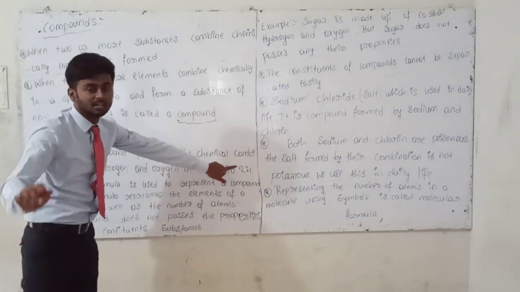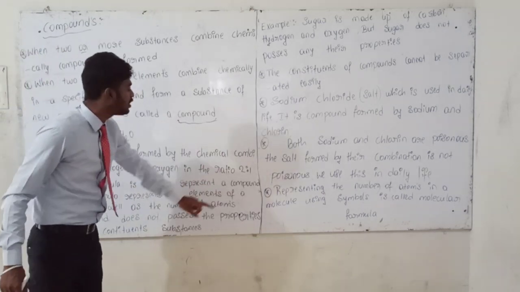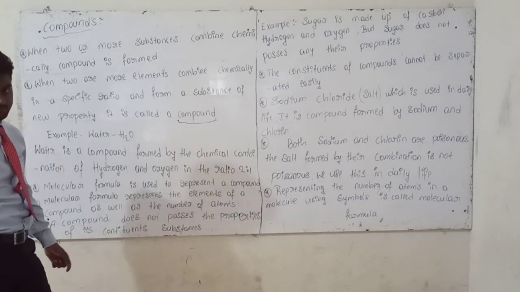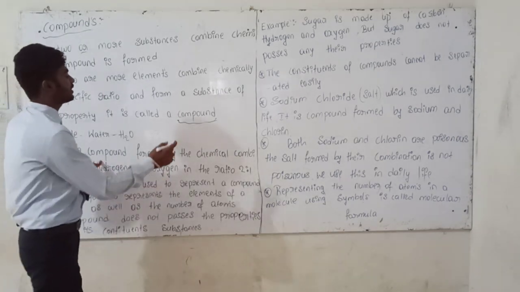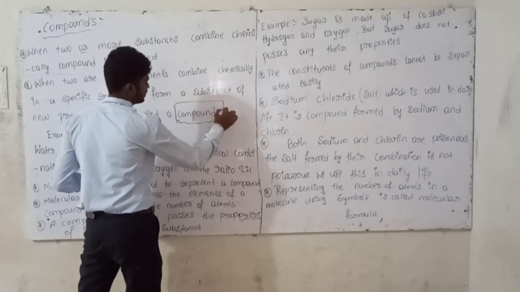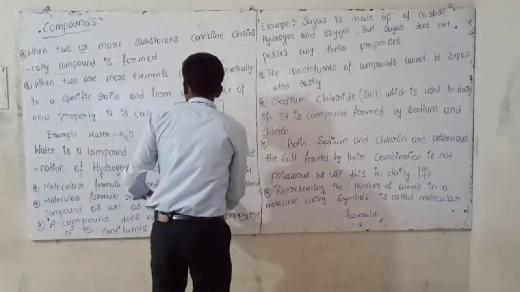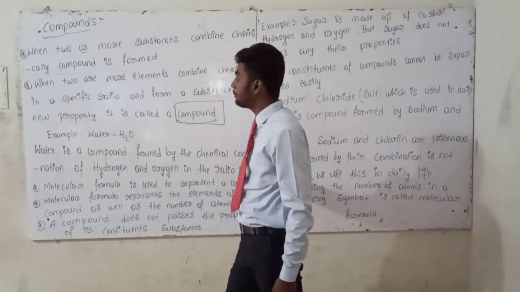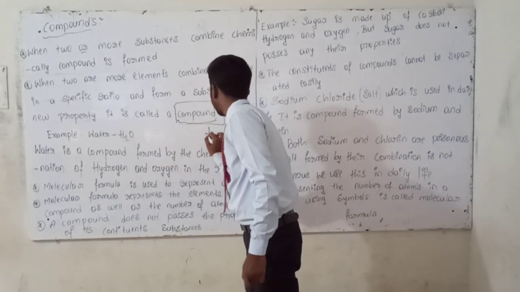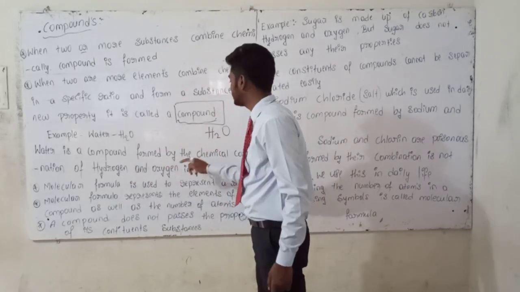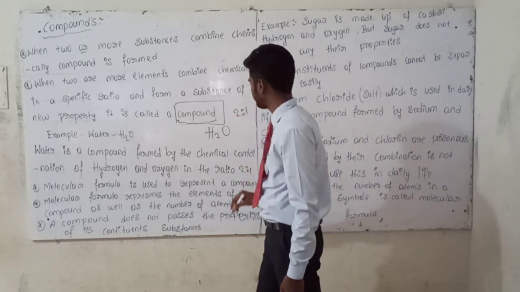Water is formed by the chemical combination of hydrogen and oxygen in the ratio 2:1. I already told you water is a compound. It is a chemical combination of hydrogen and oxygen in the ratio 2:1.